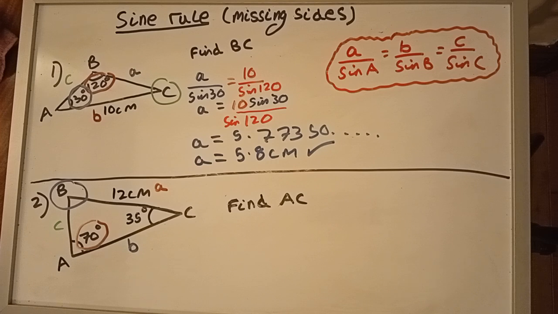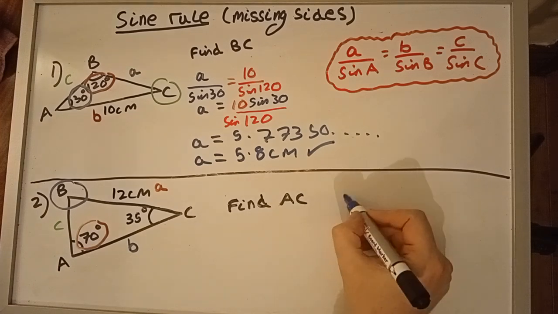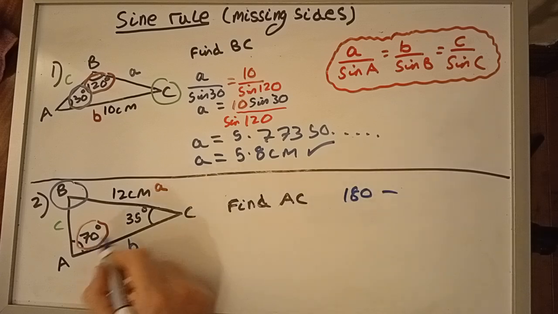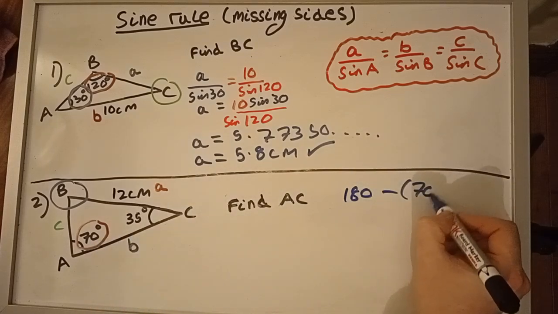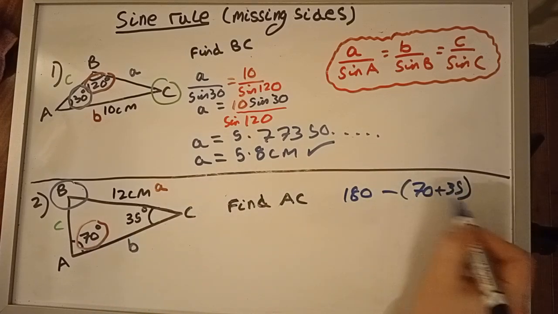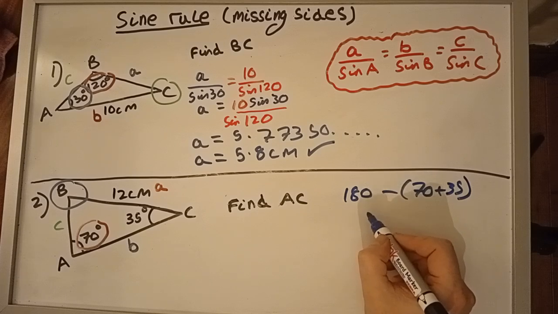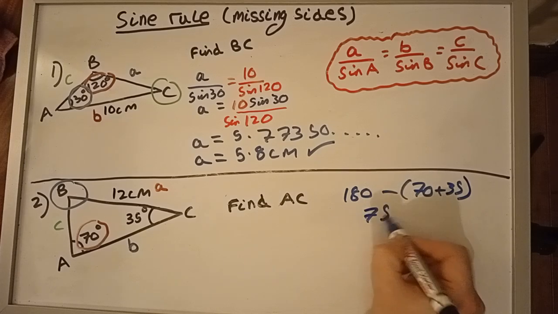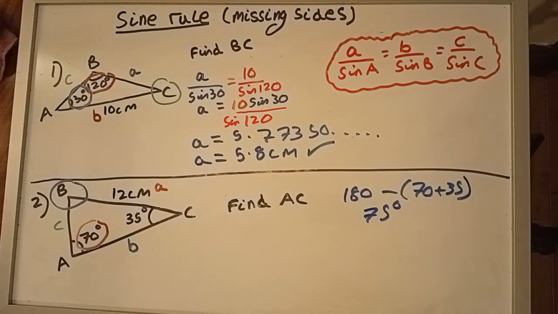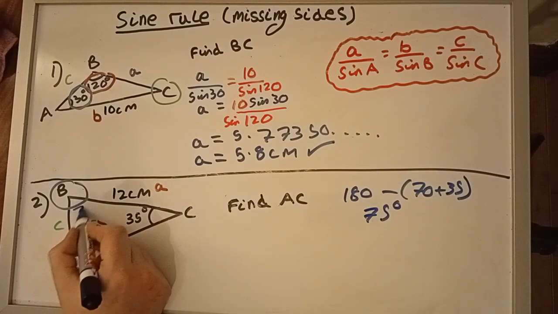So we've got 180, take away 70 and 35. That's 105. So I've got 75 degrees. Lovely. Okay, so I can mark that on my diagram, 75 degrees.